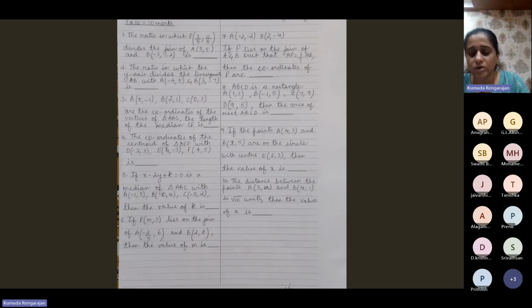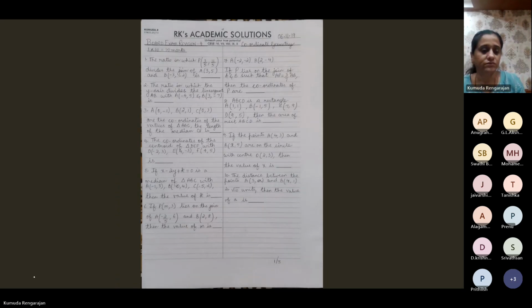Okay, what's the ratio, Tanishka? What is the ratio AP is to PB? 3 is to? 3:7, ma'am. No, dear, that is the ratio between AP and AB. Line segment AB.